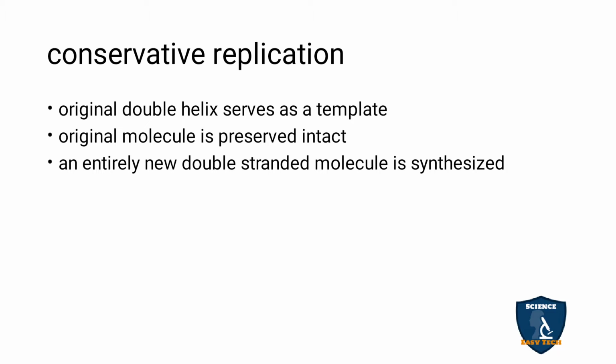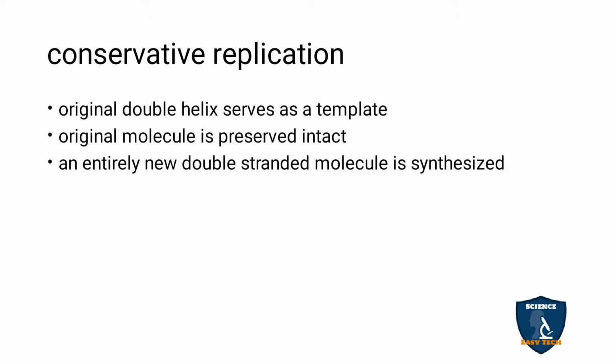DNA is a double helical, double stranded model, and the two strands are involved in this replication process. The original molecule is preserved intact, kept as it is, and an entirely different double stranded molecule is synthesized. So conservative means the fully new DNA is formed from the old template.